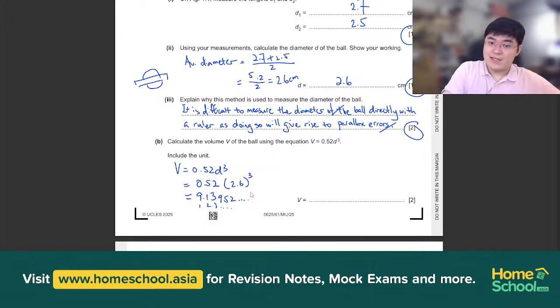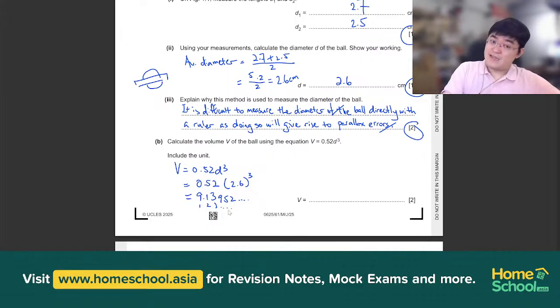Since we want this answer in two significant figures, we will lock in these two, and we'll take a look at significant number 3. Now 3 is smaller than 5. So if the third significant number is smaller than 5, we round down.